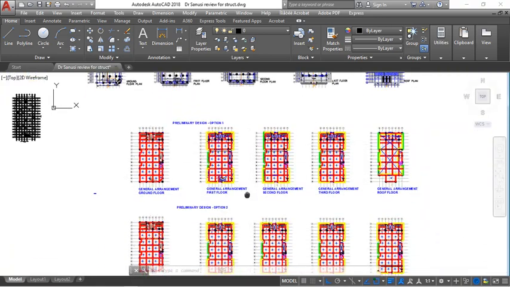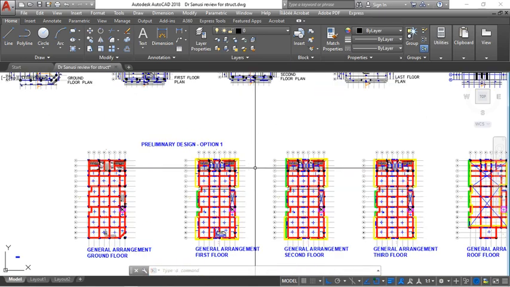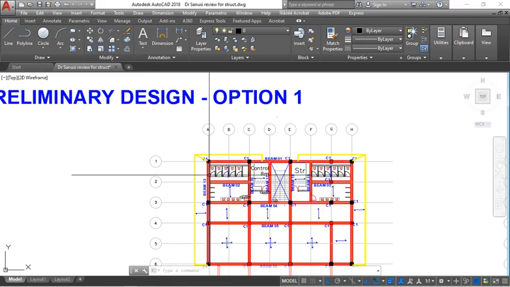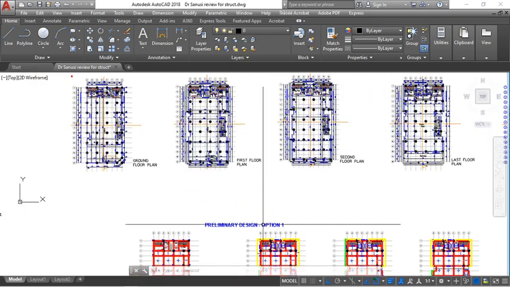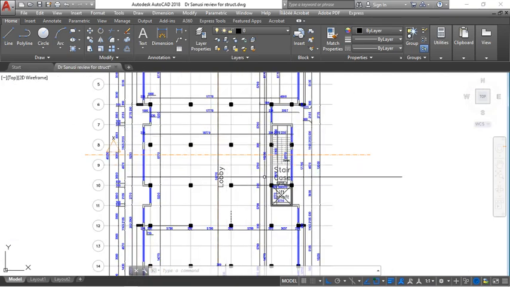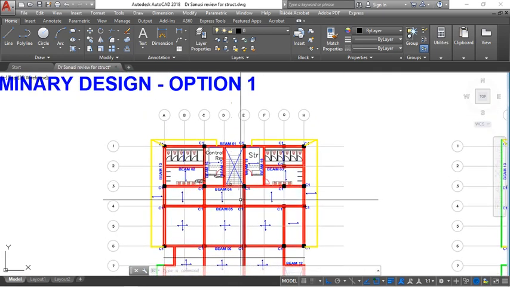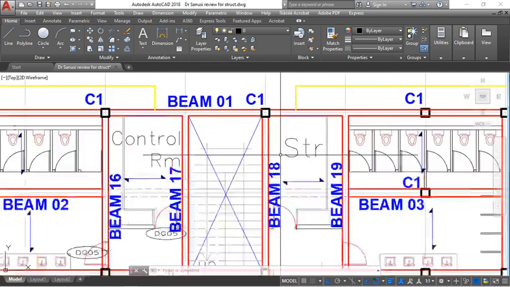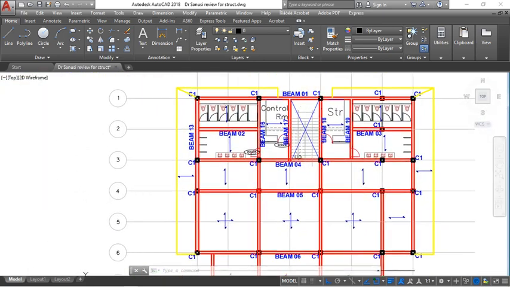This is the general arrangement, and I've shown you the option. Now I want to state that this is not the final solution. It varies from one engineer to another. So don't think that, okay, this is the perfect solution. No, this is just me acting as an engineer and doing something that I know can be constructed and can be designed.